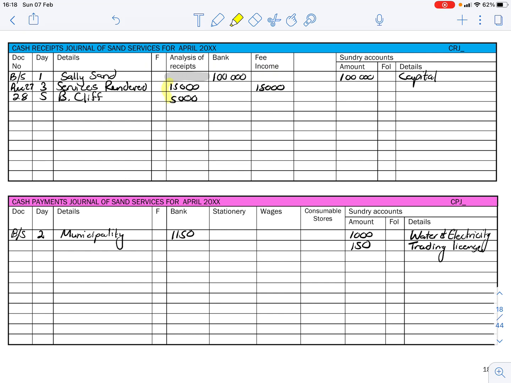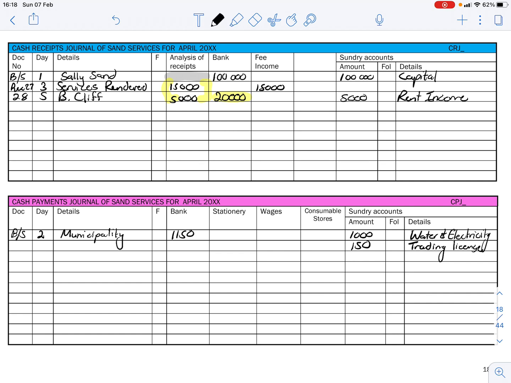We have 2 transactions on the same day, so if we add those 2 up, we should have 20,000 Rand banked, and the reason why B. Cliff is paying us is 5,000 Rand for rent income. Okay, let's just highlight our total amount at 20,000 Rand.